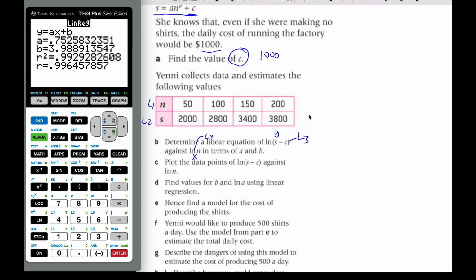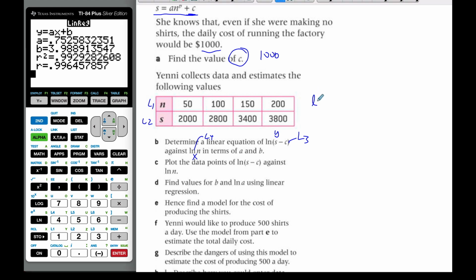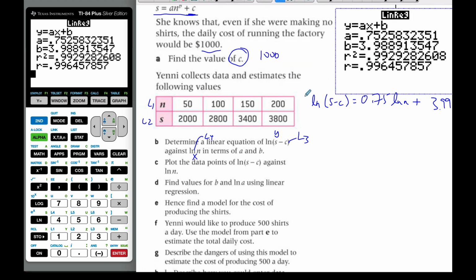So I can say that ln(S minus C) is equal to 0.75 ln N plus 3.899. I can keep those values handy. Now, plot the data points of these two.